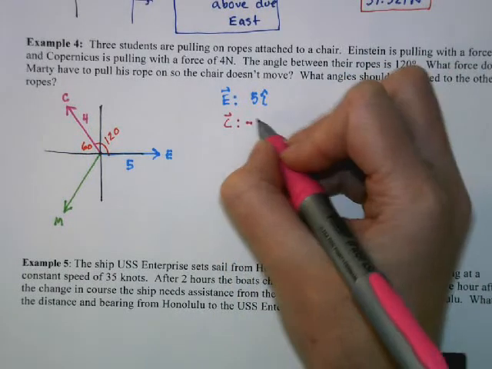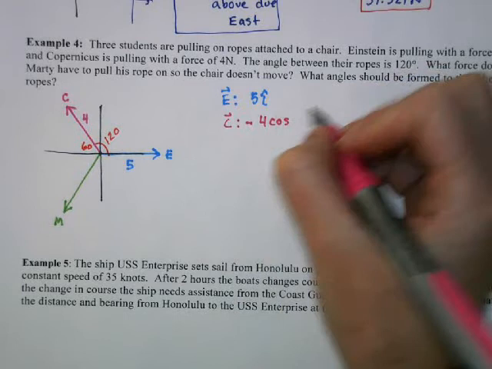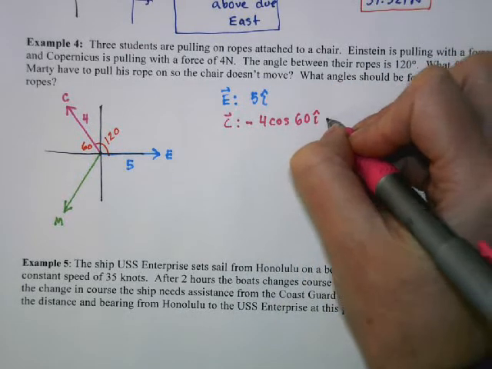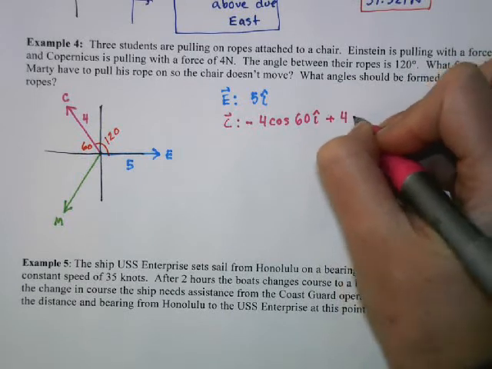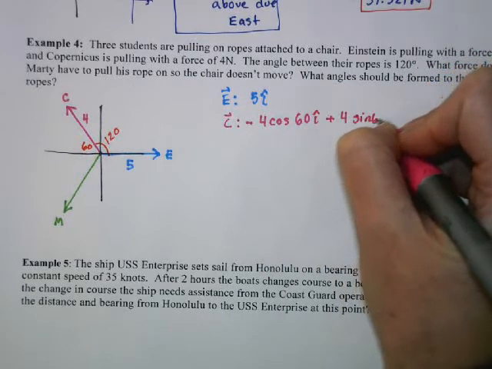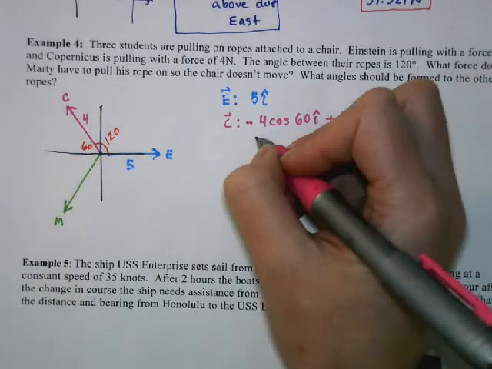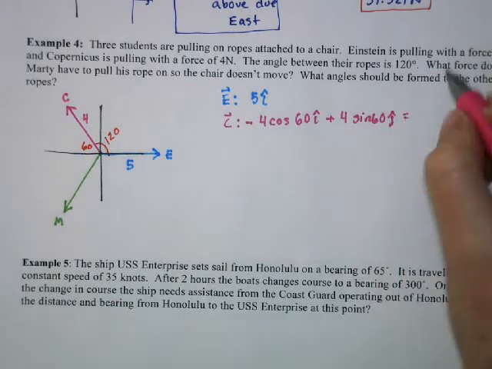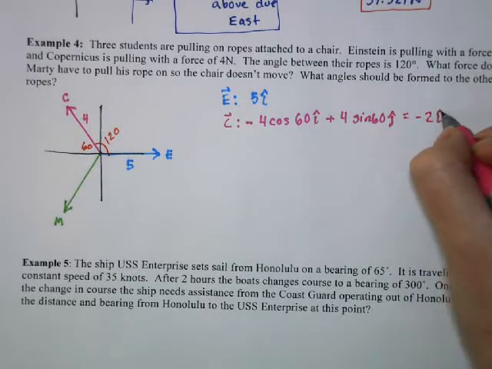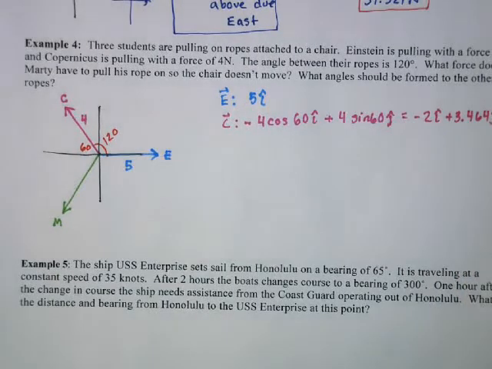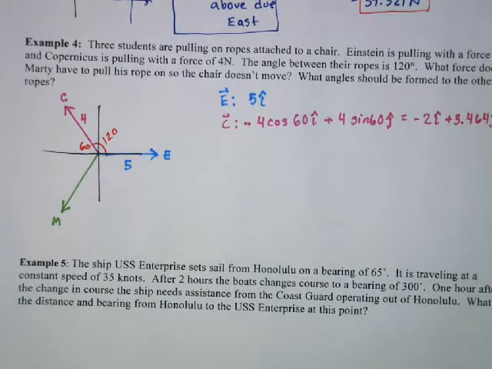So it's going to be negative 4 cosine 60 in the i direction, and positive 4 sine 60 in the y direction, or j direction, which gives me negative 2i plus 3.464j. So I'm going to add these two together.